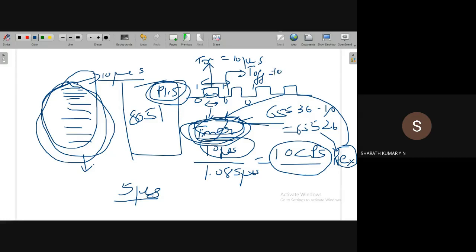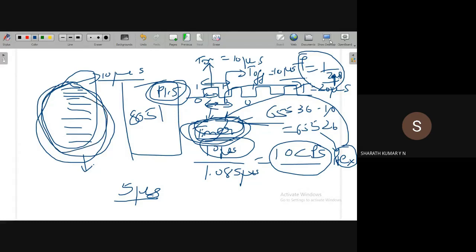It's a square wave, 50% duty cycle. On period is equal to off period. What is the total time period? T is equal to 20 microseconds. What is the frequency? 1 by 20 microseconds. Very simple. So like this we're generating a square wave of some particular frequency using the programming method.